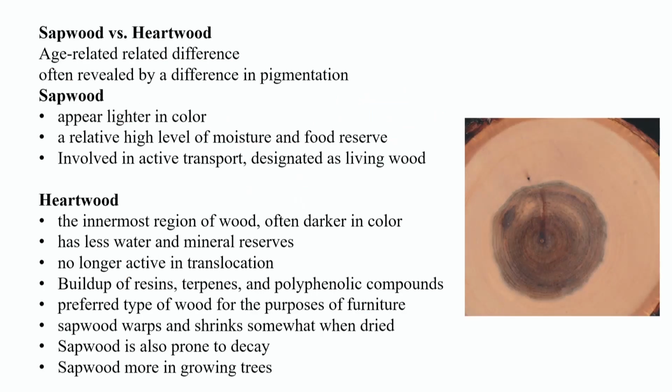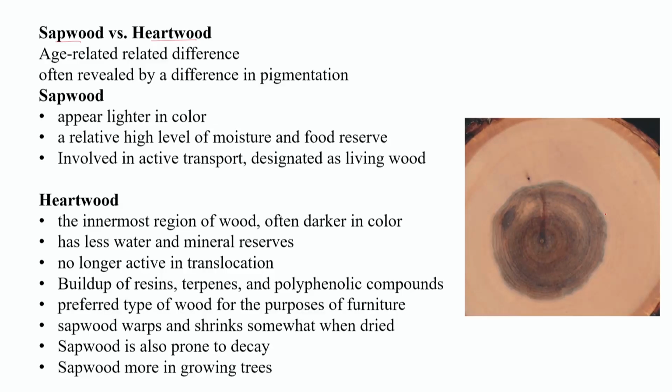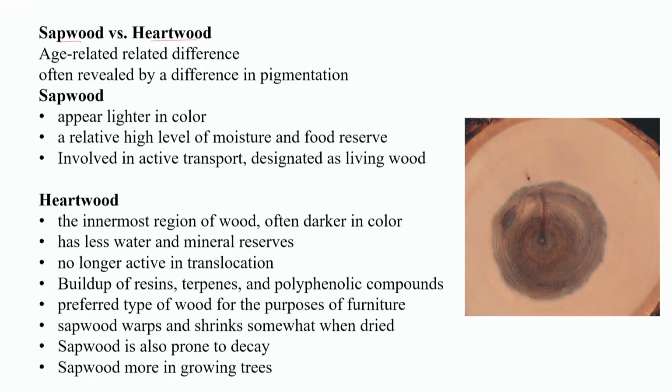Now another term is sapwood versus heartwood. What is sapwood? Sometimes when you have seen the cross section of a tree, when the tree is cut and you observe it, you see that in the center the wood appears very dark in color. The heart or the center of the stem is quite darker compared to the outer very light region.